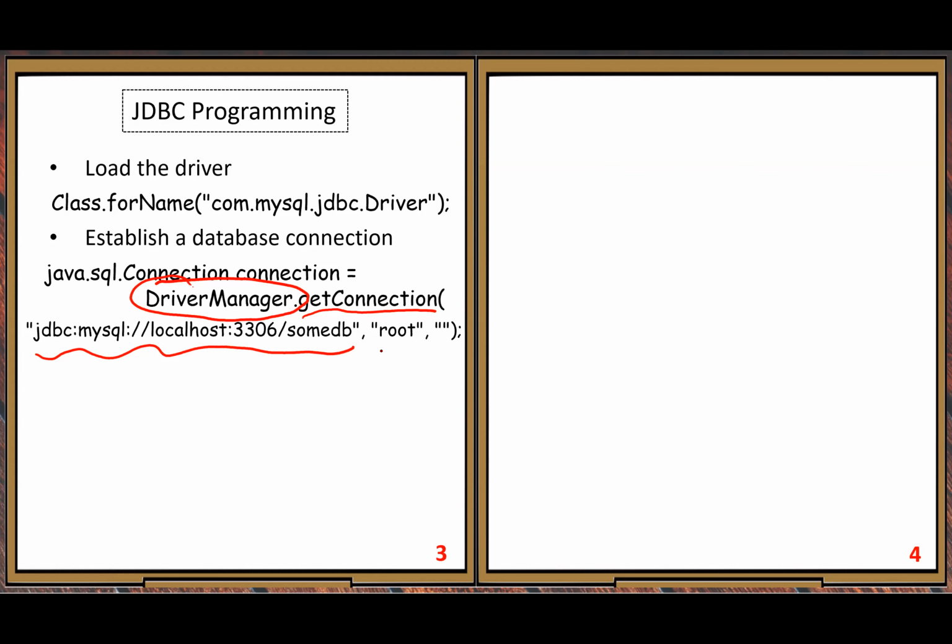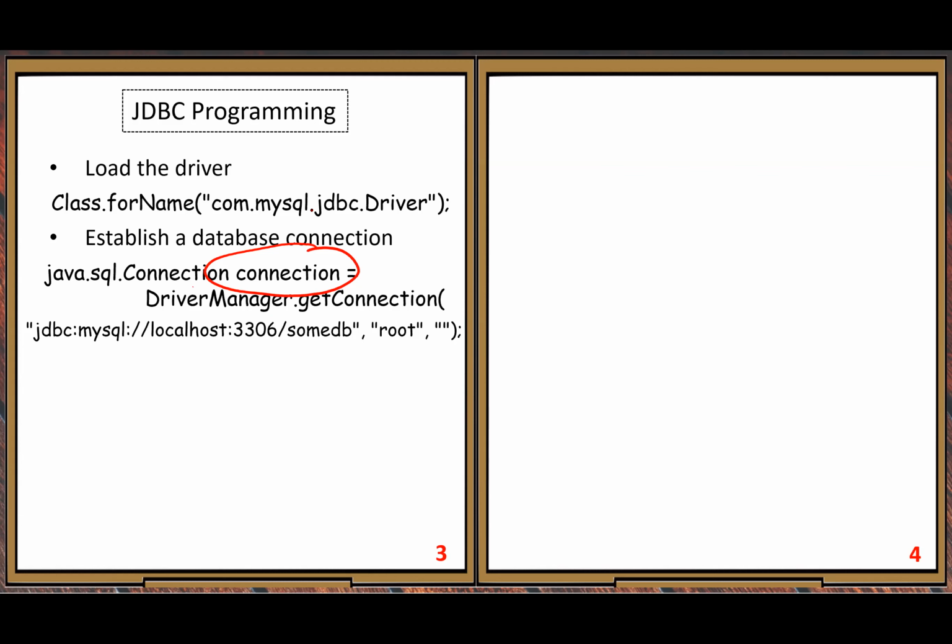Second, the username. Here in MySQL, the default username is root. After we install XAMPP, we use the default username and password. The password is nothing, just double quotes with nothing. That's the MySQL default username and password. You just pass it to the getConnection method, then a connection object is created.